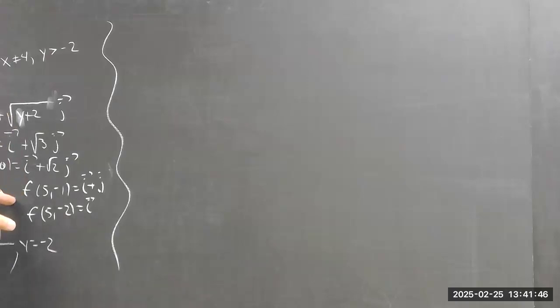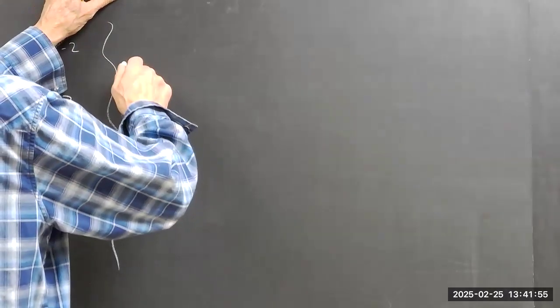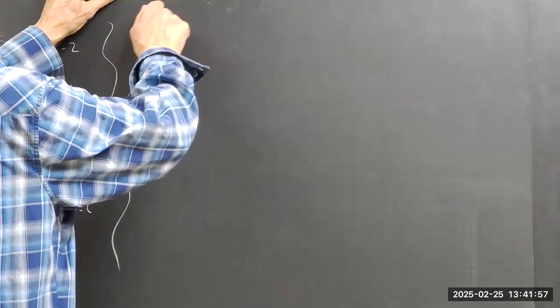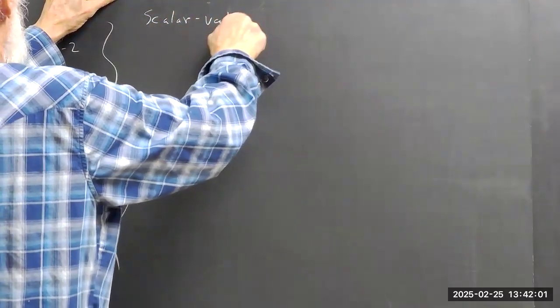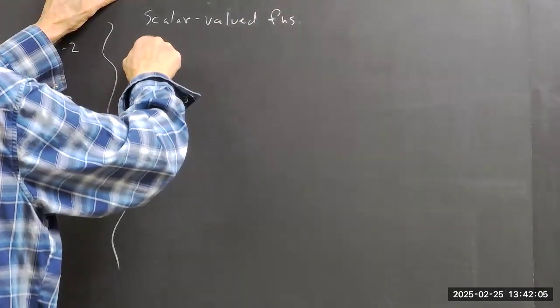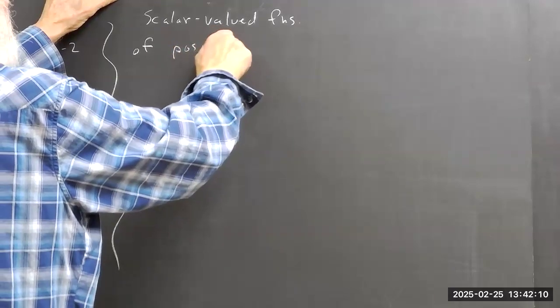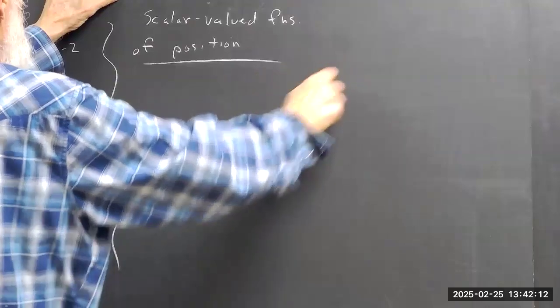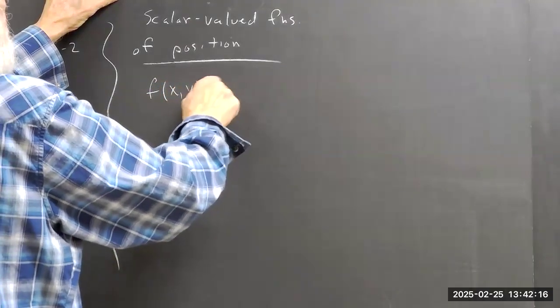These are vector valued functions, used for your vector fields. Just plain old scalar valued functions of position might be like f of x, y.